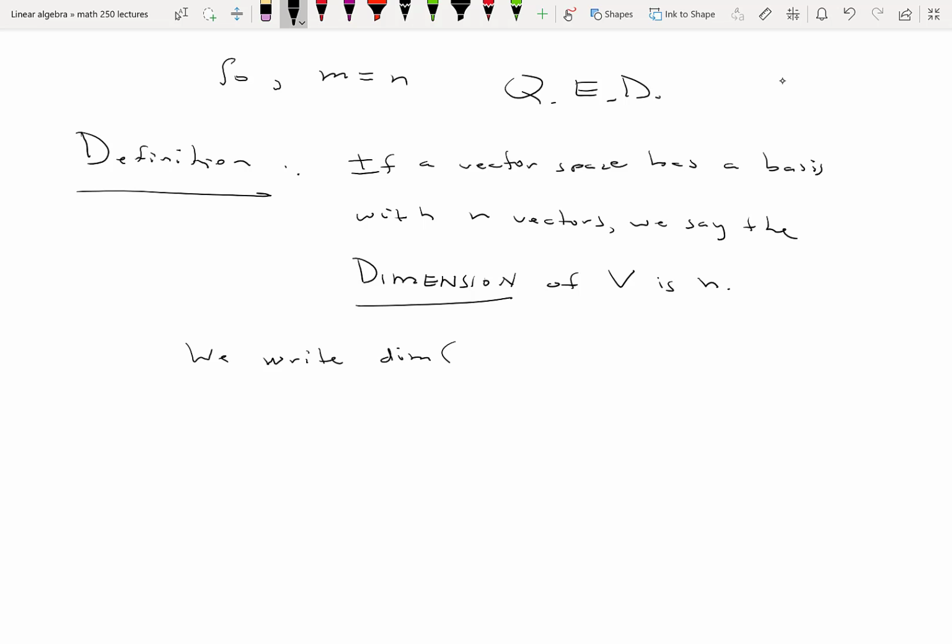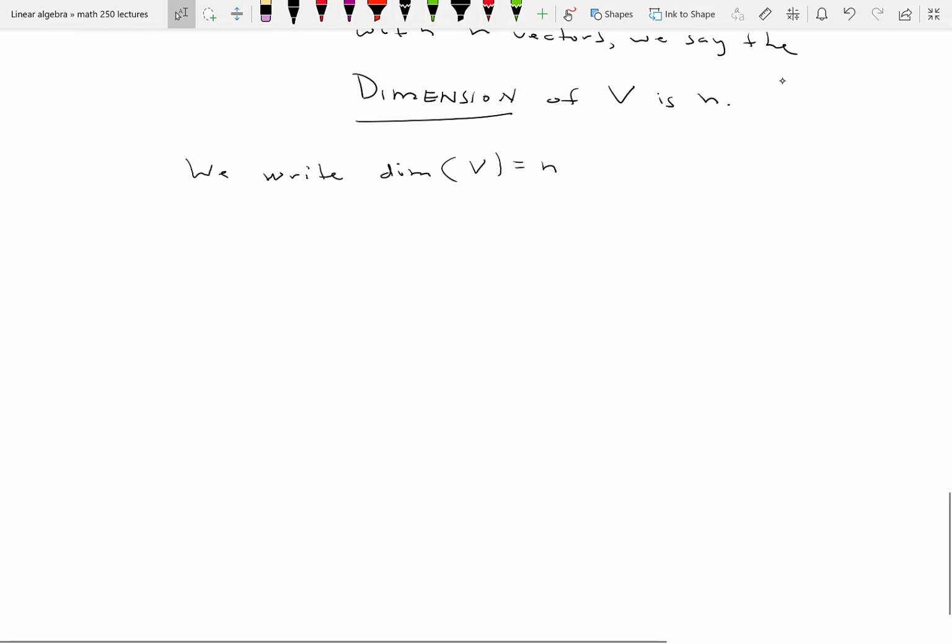Okay, we write dim V equals n. So let's look at some popular vector spaces and a couple of examples along the way. Example: what's the dimension of R2? We basically did that. It's 2.